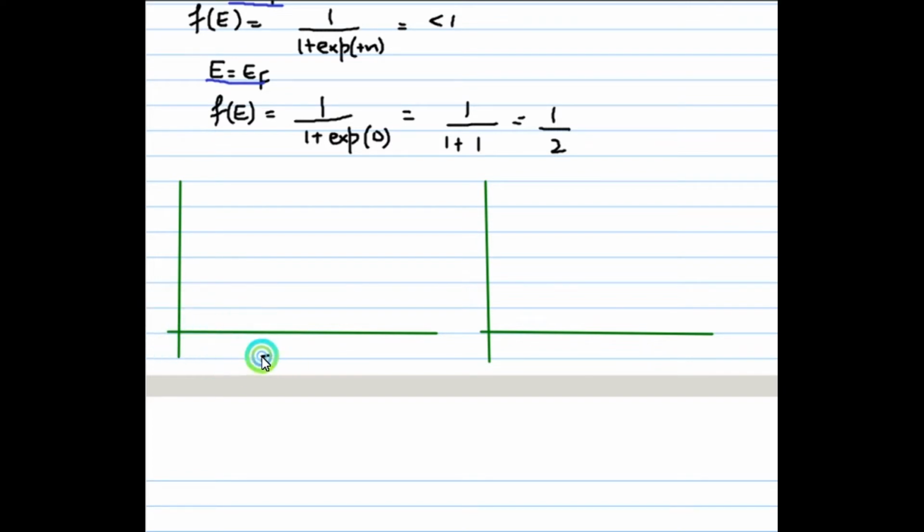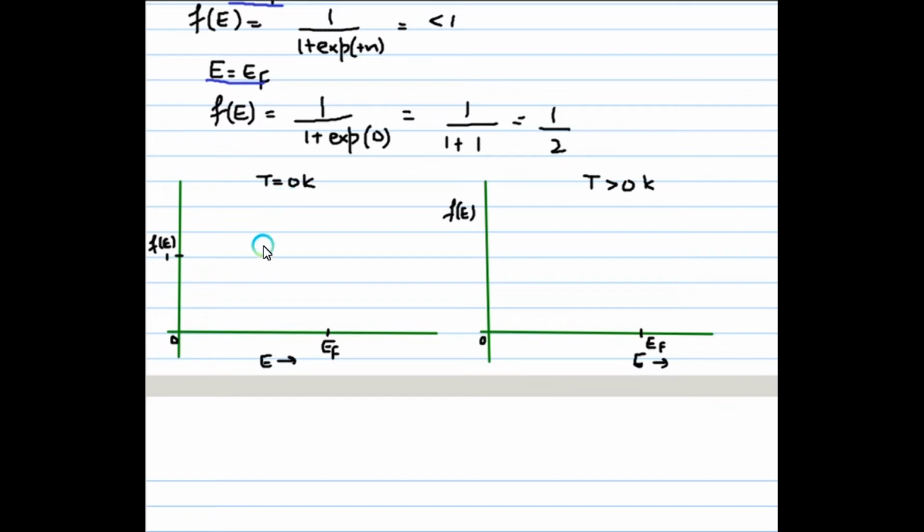This is your energy E, this is for T equals to 0 Kelvin, this is for T greater than 0, and this is our f of E. This is 0, let us say, and this line point is 1. Now along the energy this point is EF, and along the energy same here, this point is EF, starting from 0 to some higher value.